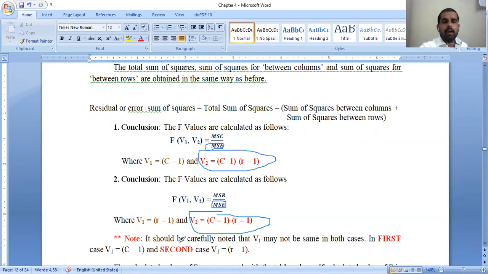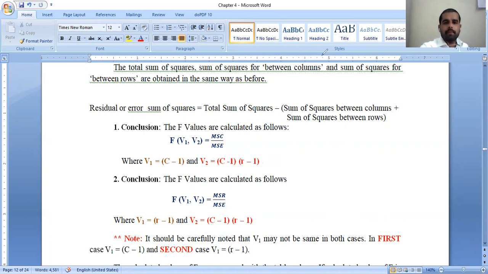It should be carefully noted that V1 may not be the same in both cases. In the first case, V1 is equal to C minus 1 and in the second case, V1 is equal to R minus 1.